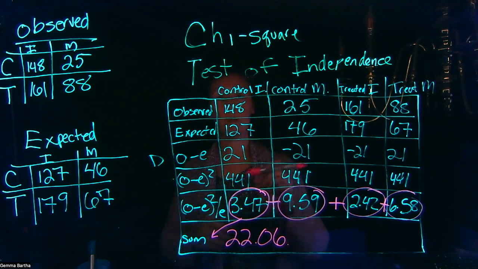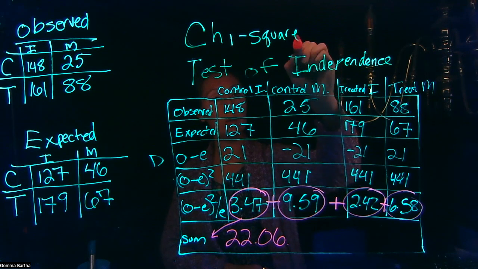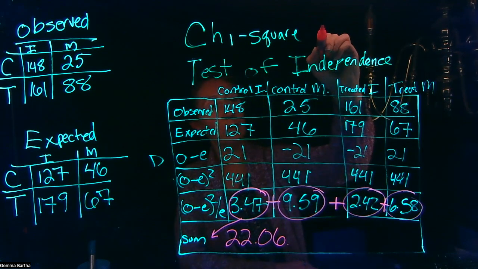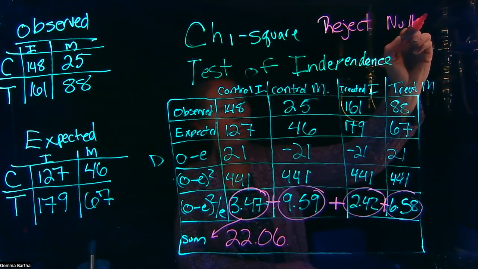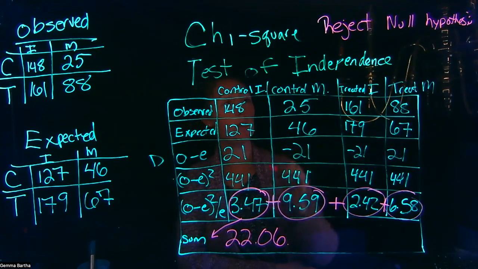Now the purpose of the chi-square, so this is the test of independence, is to reject the null hypothesis, because you want there to be a statistical difference between the two.